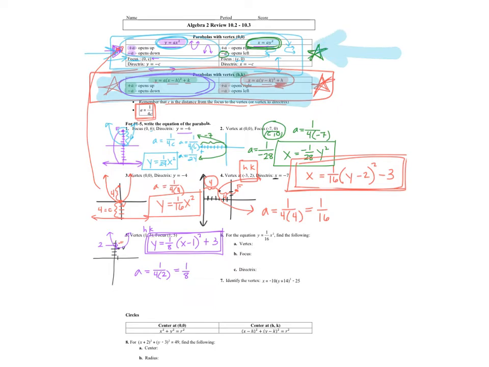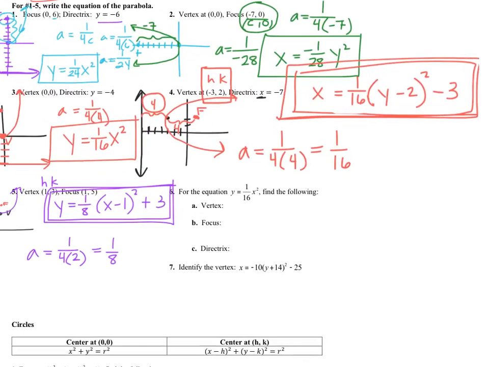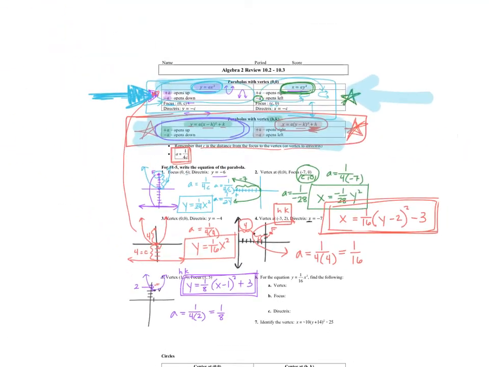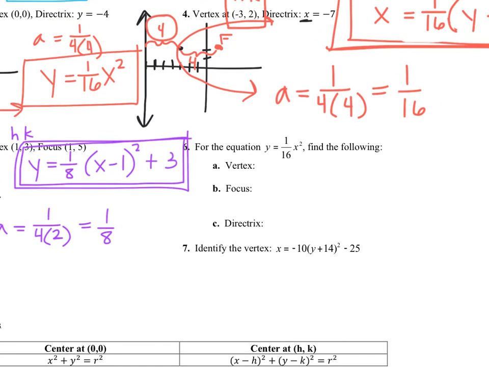And because it's y equals, that's this side, so we're actually using this format. Sorry, I got lines everywhere. It's kind of a mess. So y equals a x squared. With that type of problem, your vertex is 0, 0. So we know our vertex on this problem is 0, 0. And then we need to figure out our focus and our directrix.